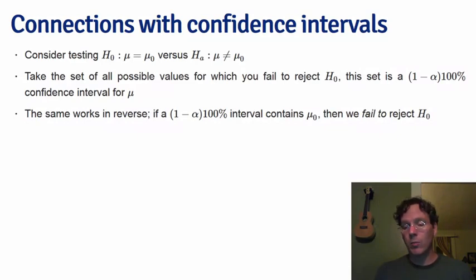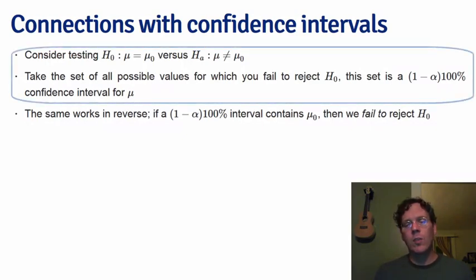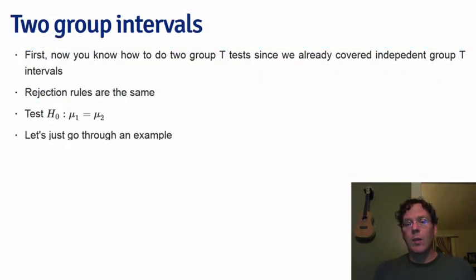In other words, if you construct a 95% interval and just look for whether or not mu naught is in that interval and fail to reject if it's in the interval and reject if it's outside the interval, that is the same as performing that hypothesis test with a type 1 error rate of exactly alpha. This is stated on this slide by saying the confidence interval can be constructed as the set of all possible values for which you fail to reject the null hypothesis.